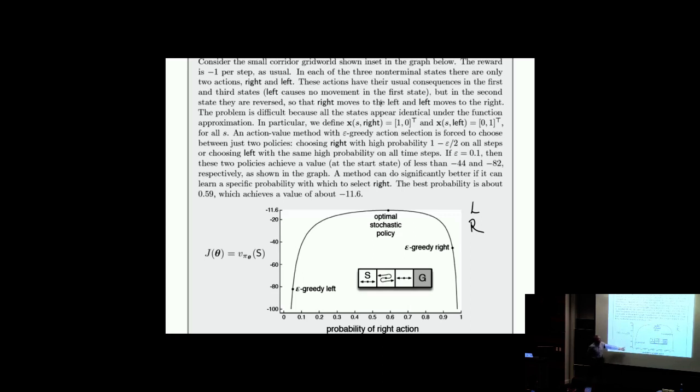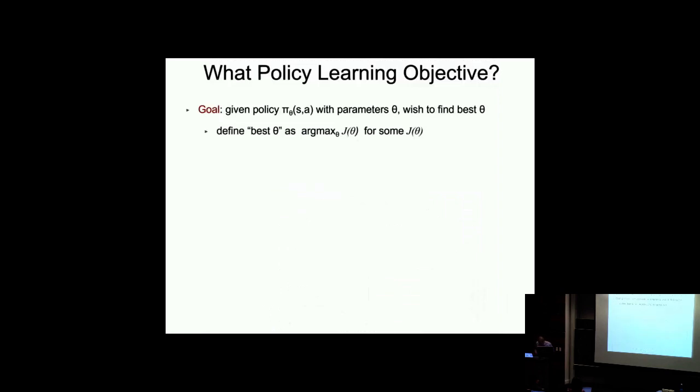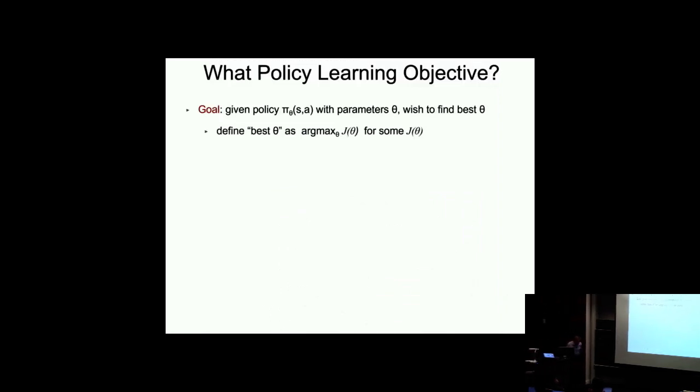And this is in fact the value of the starting state under the learned policy in the case that we have an optimal stochastic policy versus an optimal epsilon greedy L and epsilon greedy R. All right, so that's just by way of making it as clear as we can that stochastic policies can be useful.